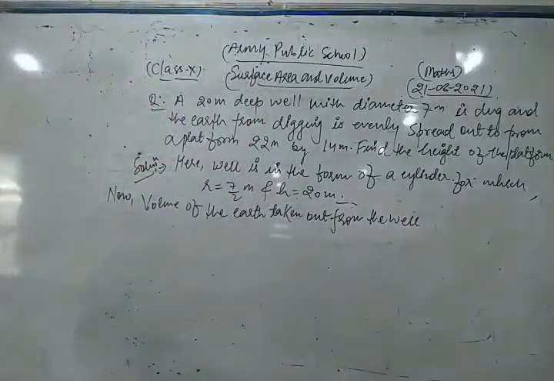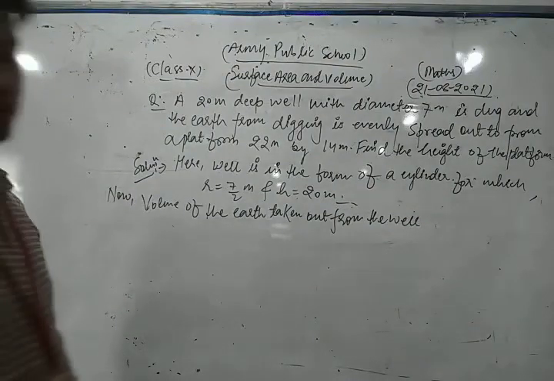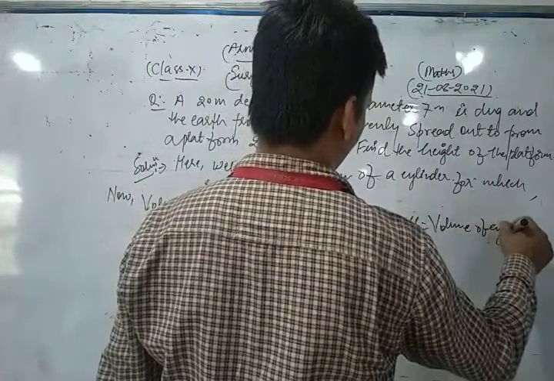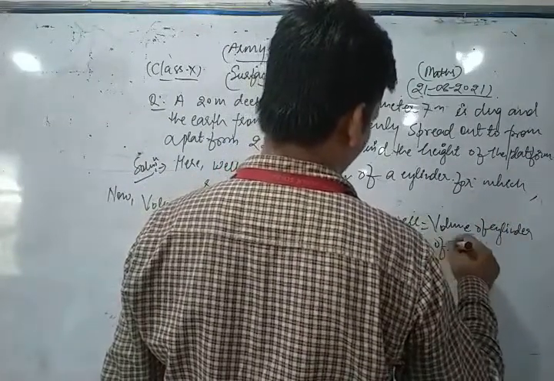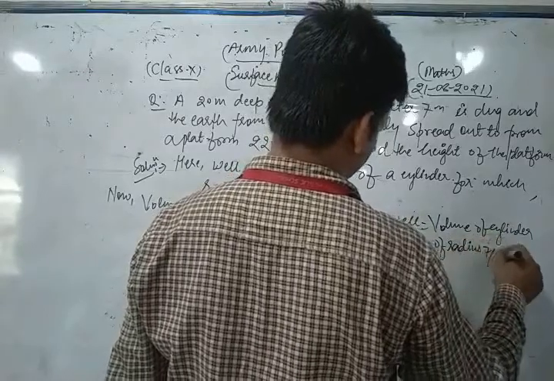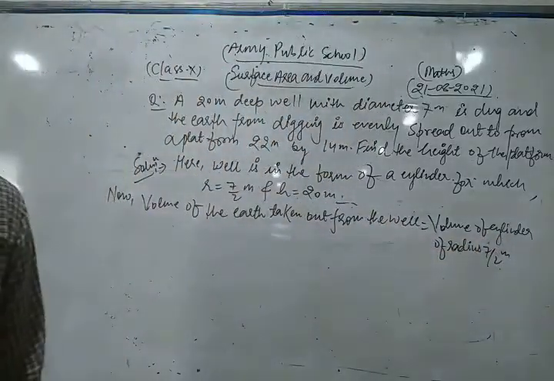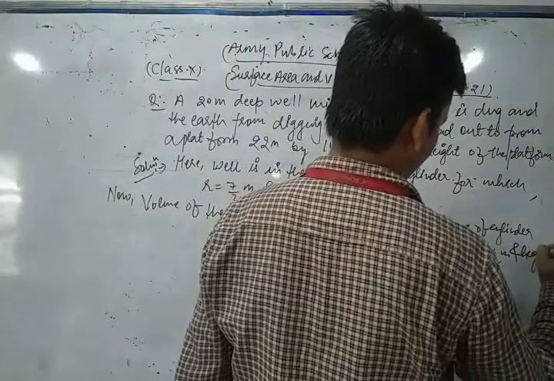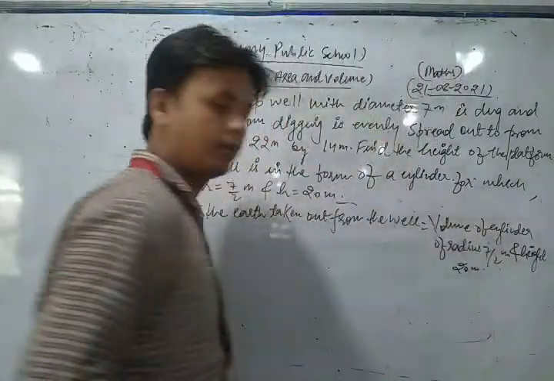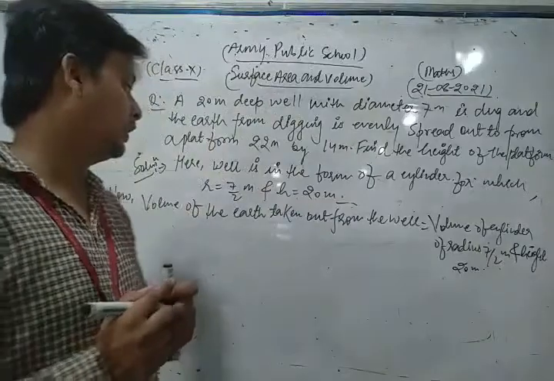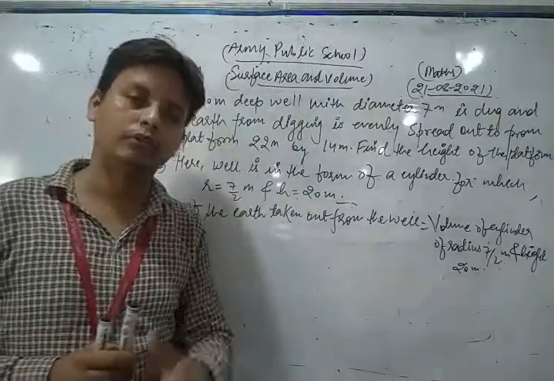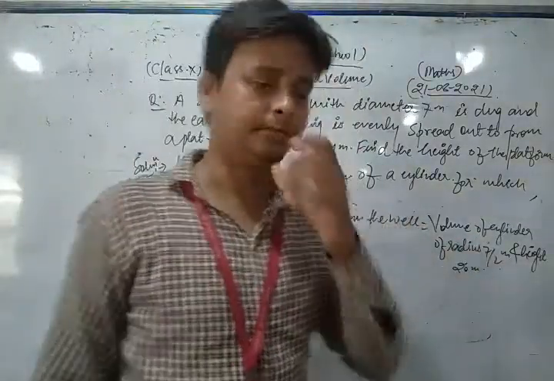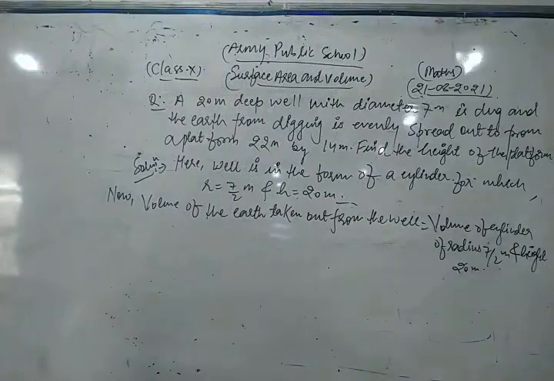Now the volume of the earth taken out from the well is equal to the volume of a cylinder of radius 7 by 2 meter and height 20 meter. This is the key concept here. Okay, now look.